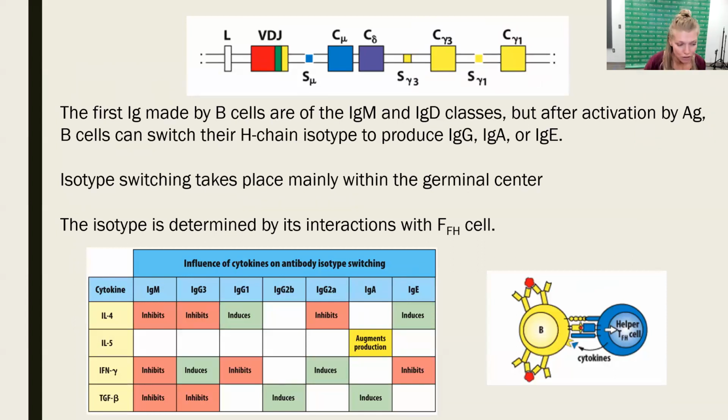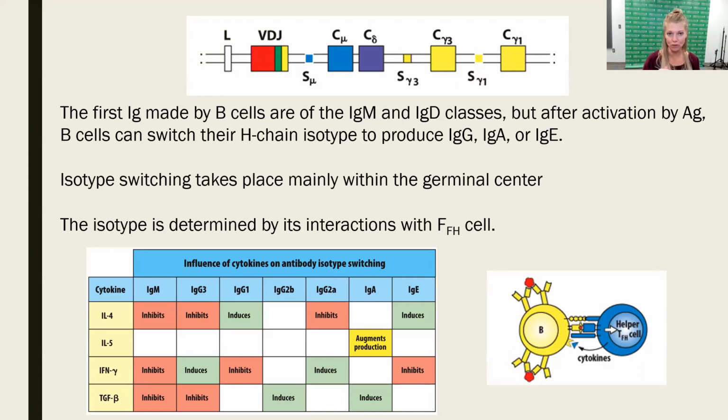Now, the first immunoglobulin made is IgM, and it's the first one that's secreted. But after activation, B cells are told to isotype switch. T cells will say, nope, time to make a better antibody, like IgG, IgA, IgE, depending on what the pathogen is.